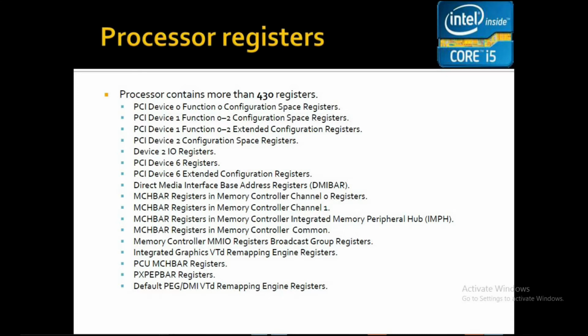The MCHBAR registers: Memory Controller Channel 0 registers, Memory Controller Channel 1, Memory Controller Integrated Memory Peripheral Hub IMPH, Memory Controller Command, Memory Controller MMIO registers, Broadcast Group registers, Integrated Graphic VTD Remapping Engine registers, PCU MCHBAR registers, PXPEPBAR registers, and lastly, default PEG/DMI VTD Remapping Engine registers.